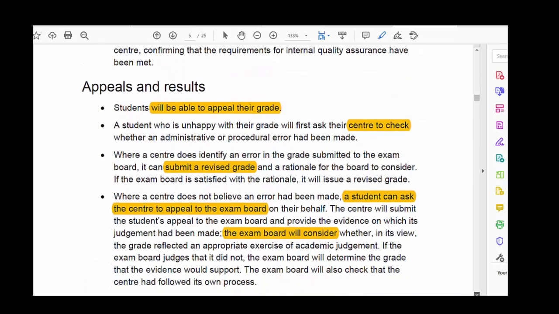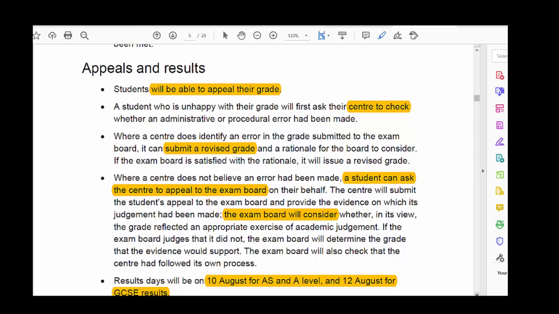And then appeals. So students will be able to appeal their grade. Any student that's unhappy with their grade will need to ask their centre to check whether there's been an administrative or procedural error. Right, so first thing, if you get your grade in the summer and you're not happy with it, then you need to get the school to check if there's been an error.